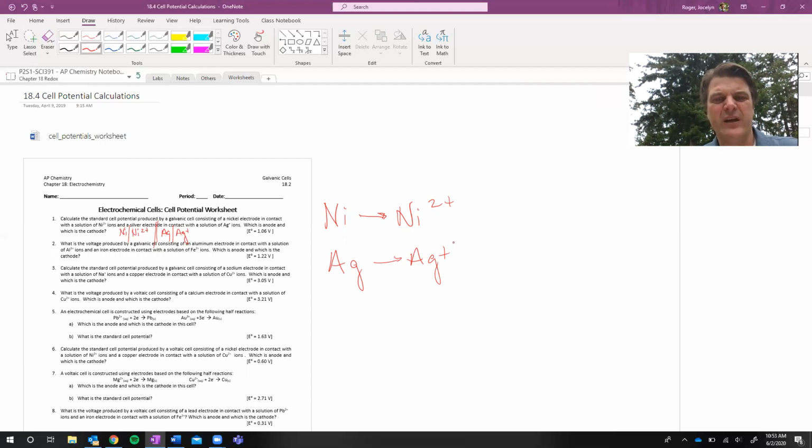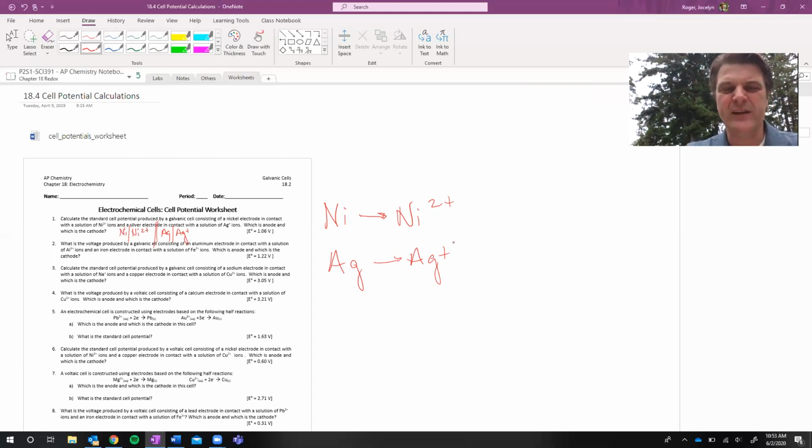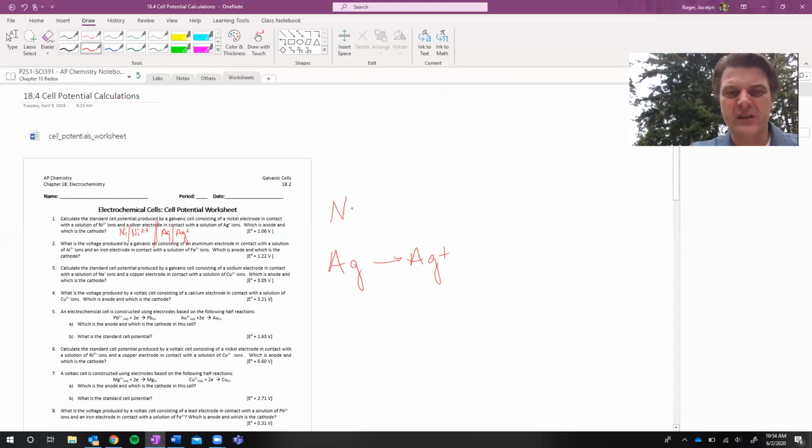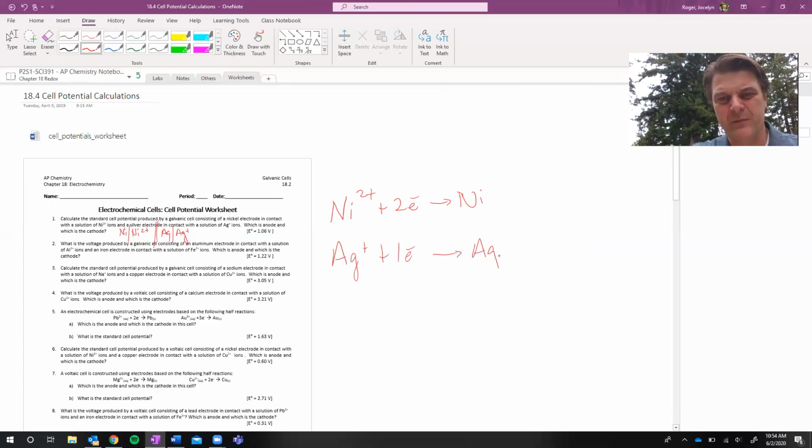Actually, let's write those as reductions so that it's easier, so we can identify them on the sheet. So nickel 2+ plus 2 electrons gives nickel. And silver+ plus 1 electron gives silver.